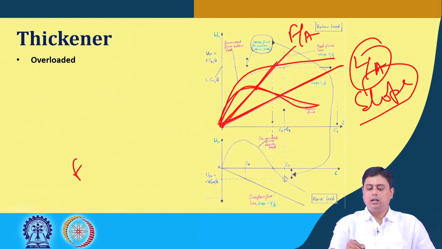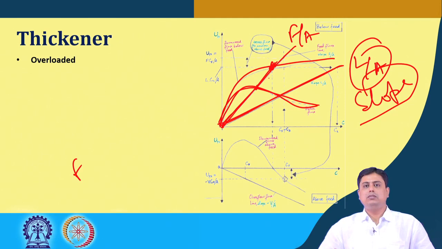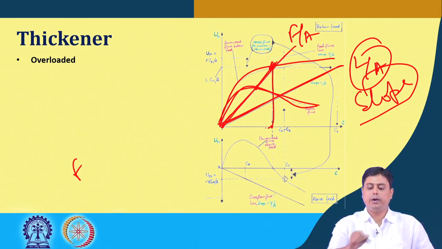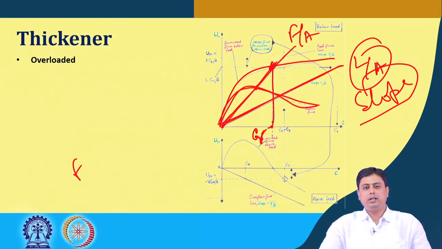Once we have it, we will see that the point of intersection of the F by A line and this total flux is the critical concentration. The x axis value corresponding to that intersection point is our critical concentration that the thickener can operate at, beyond which there will be excess flux in the upflow zone.